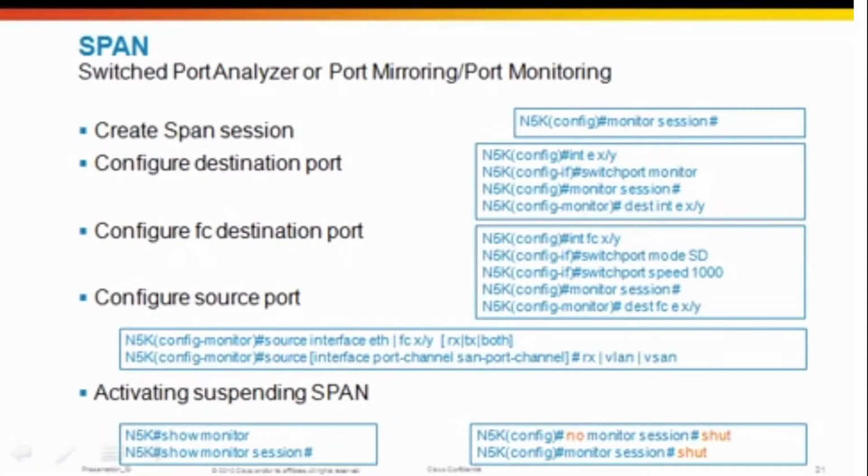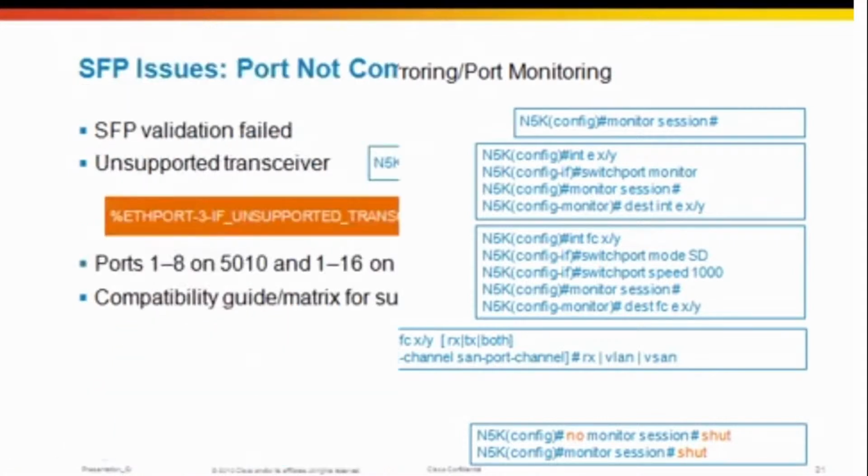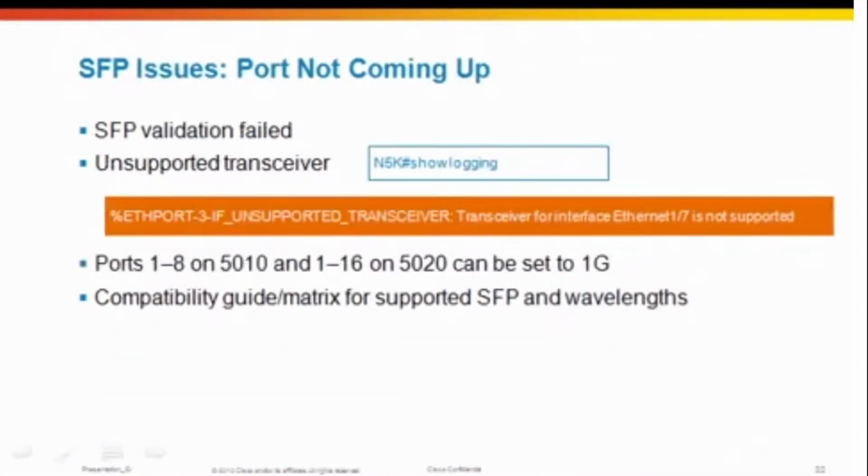Now, let's go ahead and talk about a few troubleshooting tools and a couple of issues that come frequently to the TAC. First, SFP issues, ports not coming up. A very frequent message you may see in your logs is SFP validation failed.